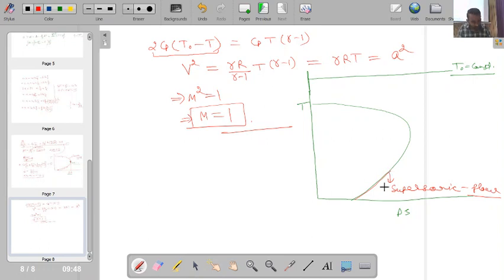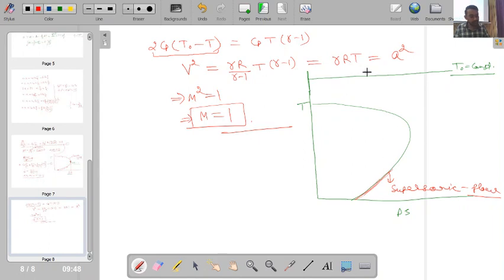Out of these two branches, Cp times T is less for this branch, so to reach the same value of T naught it should have more kinetic energy. This also makes sense, because supersonic flows are high speed flows, so they have more contribution of kinetic energy.